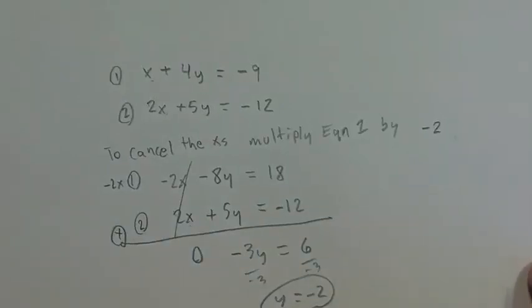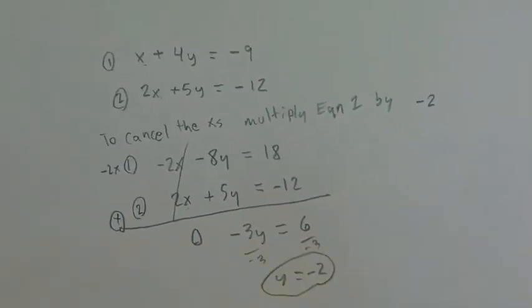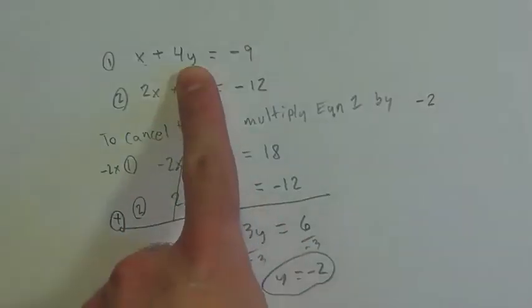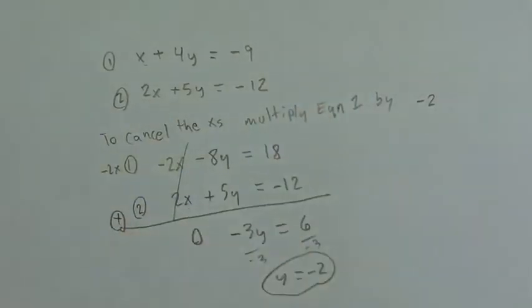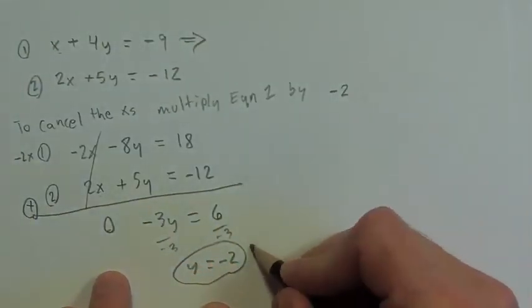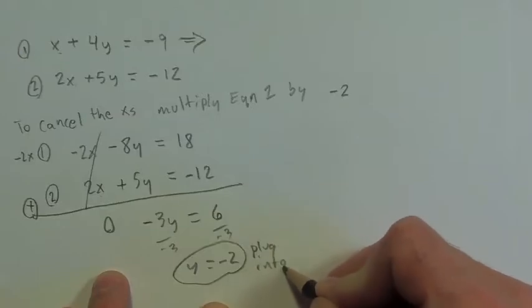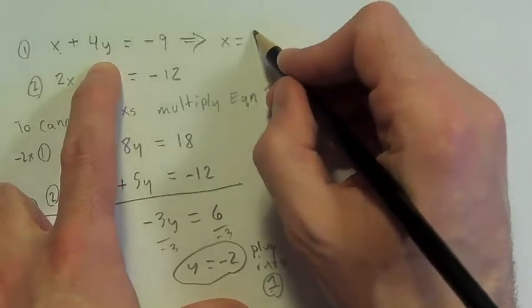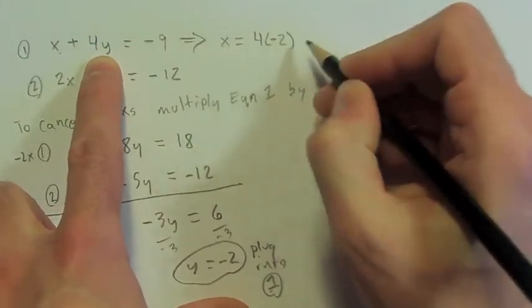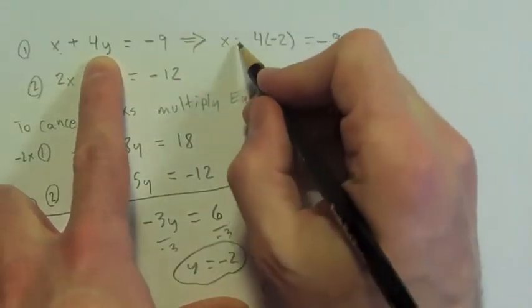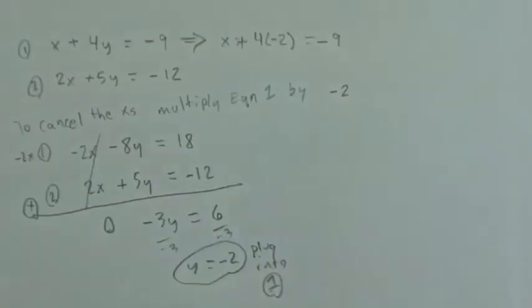Alright. Now in this particular example, I would actually do a half and a half. I would plug this y into, say, equation 1 and solve for x. So that negative 2 would make that negative 8, and I would add that over. So in this case, I'd plug into equation 1 and get x plus 4 times negative 2.